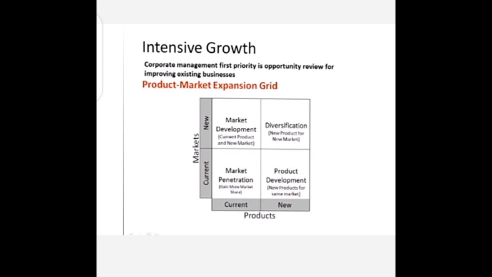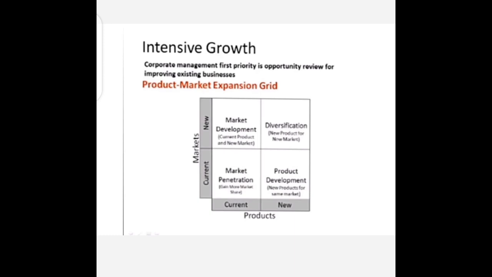On the vertical axis we have market, and on the horizontal axis we have product. If we go to a new market with the current product, then we should develop our market. If we bring a new product to the current market, we should develop our product.